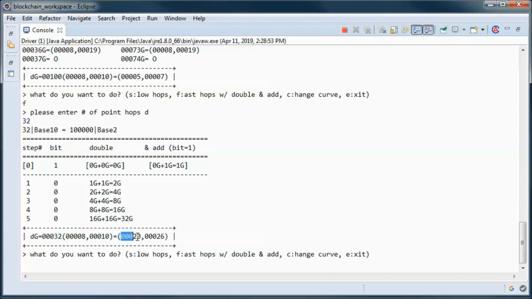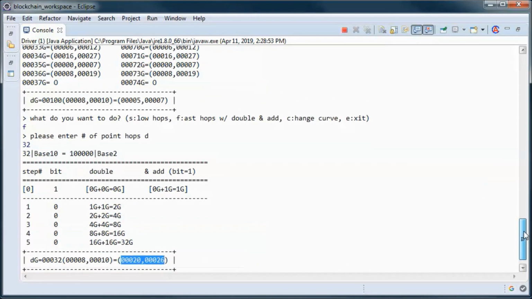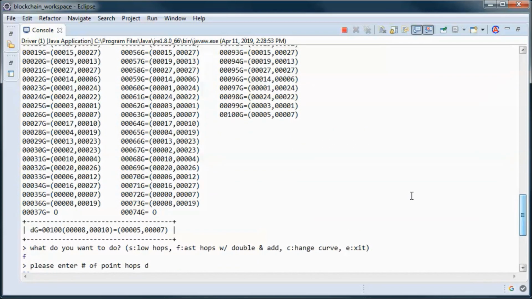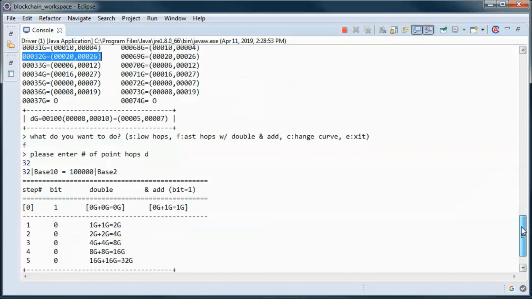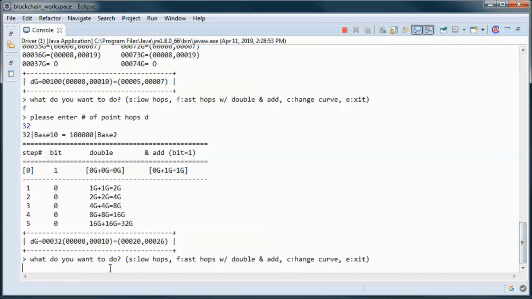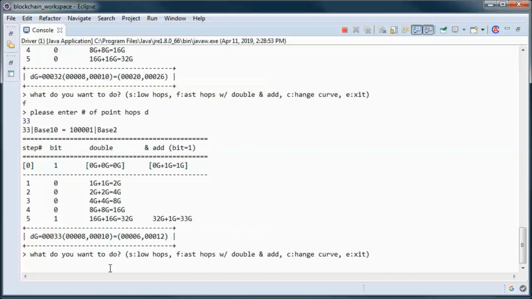So we end up here using the double and add algorithm. And let's try 33 hops also, just to show here the adding behavior. So we end up at this point.